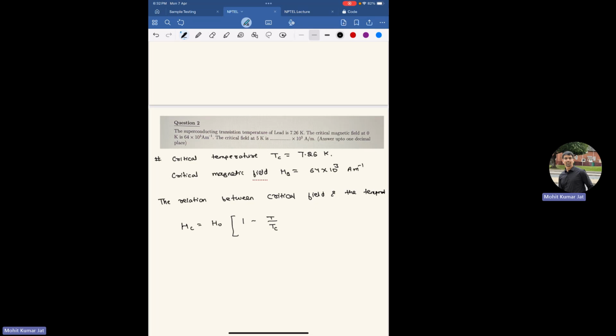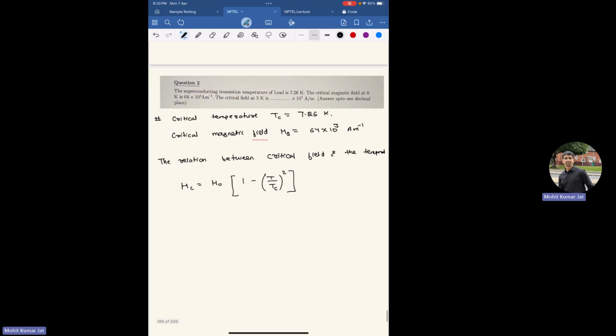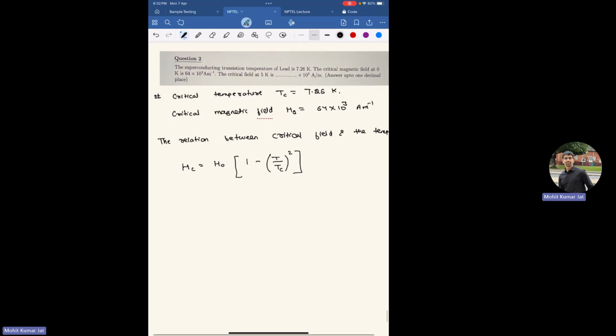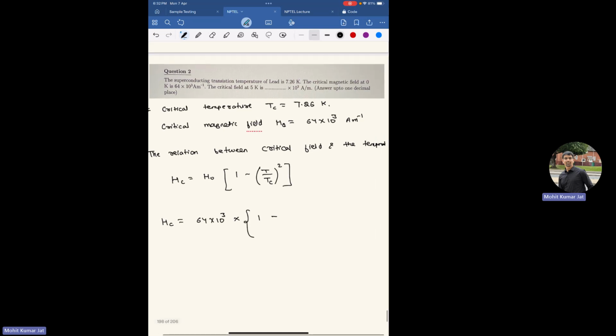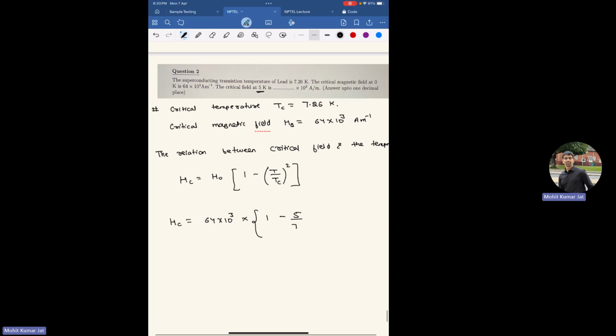Tc is your critical temperature, below which your material is superconducting, above which your material won't be a superconductor. So that's the critical temperature. So if all the information is given, Hc is equal to H naught, which is 64 into 10 power 3, times 1 minus the temperature for which they are asking, 5 Kelvin, divided by Tc, 7.26 Kelvin, squared.